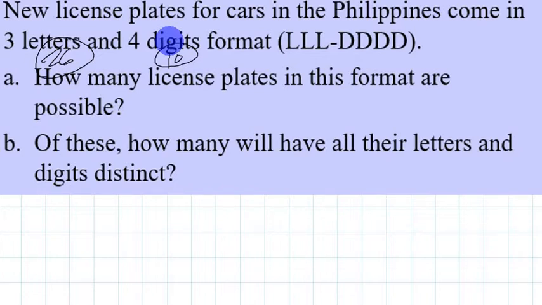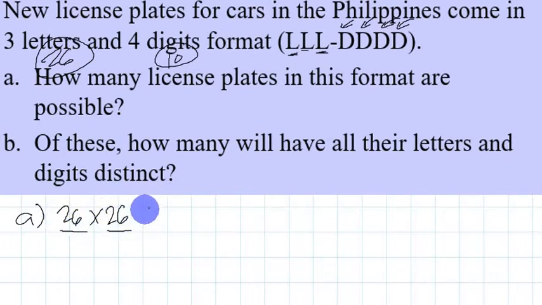So, if we're going to have all the 26 possible letters in each of the spaces and all the 10 possible digits in these spaces, then to answer letter A, we're going to have the 26 letters for the first slot times the 26 letters for the next slot. Let's just draw all slots. There you go. Times the other 26 letters for the other spot.